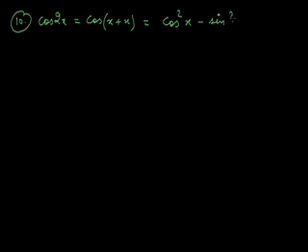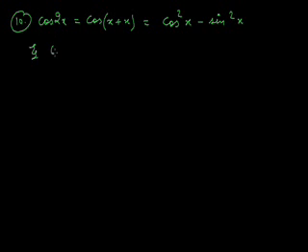Similarly, we can do it for cos 2x also. We will write it like this: cos of x plus x. On simplification, it will become cos square x minus sin square x. So cos 2x can be written as cos square x minus sin square x. Again, if the angle is 2x over here, it will get halved over here. 2x becomes x, 4x will become 2x.